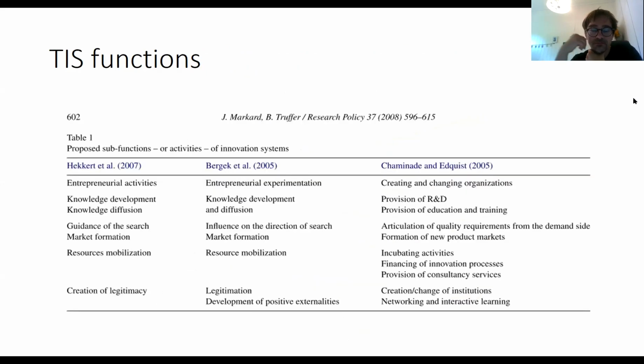In my opinion, the greatest contribution of the TIS literature is its conceptualization of innovation system processes, or functions, as they are generally called in this literature. While the innovation systems literature has in general been criticized for being too static, a core contribution of the TIS framework has been to put focus on the performance of innovation systems and their ability to deliver a number of key functions.